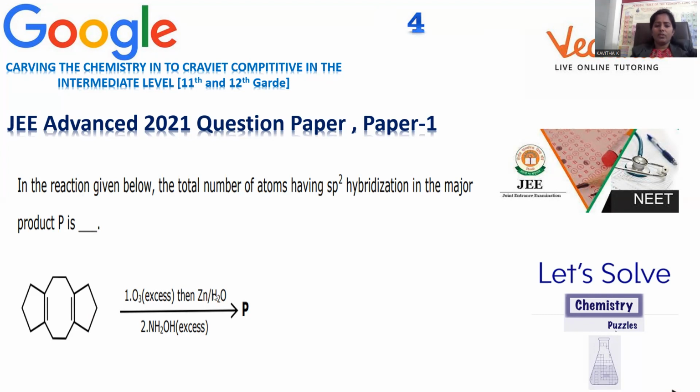This is a kind of hydrolysis we can say, and another reagent is hydroxylamine, NH2OH. So the reaction seems to be somewhat simple, but analyzing the expected answer and connecting it with the other question they are asking is more logical in nature. Question criticality is simple, but we can say more logical.